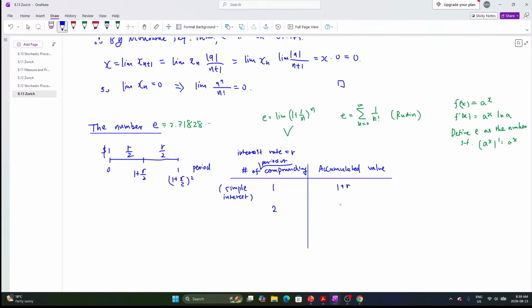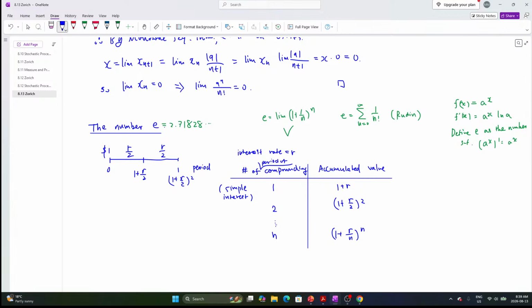You can see where this is going. So in general, if we have n periods of compounding, you get (1 plus R over n) raised to the n. So that's the formula for compound interest.